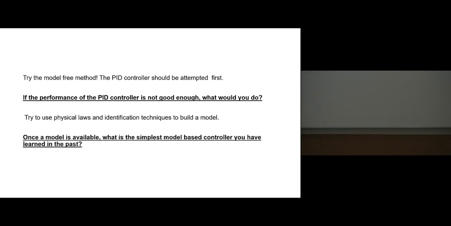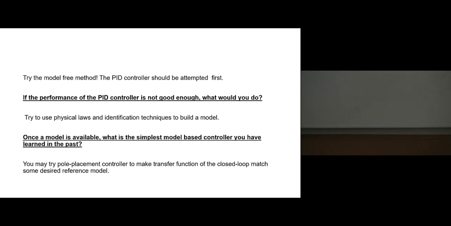For example, the original system like this one is unstable, but then you can change the poles by designing a feedback controller. But that one you need to know the model. So you can use the pole placement to make the transfer function of the closed loop match some desired reference model. Okay, first, of course, you want to change the poles because feedback can change the poles.